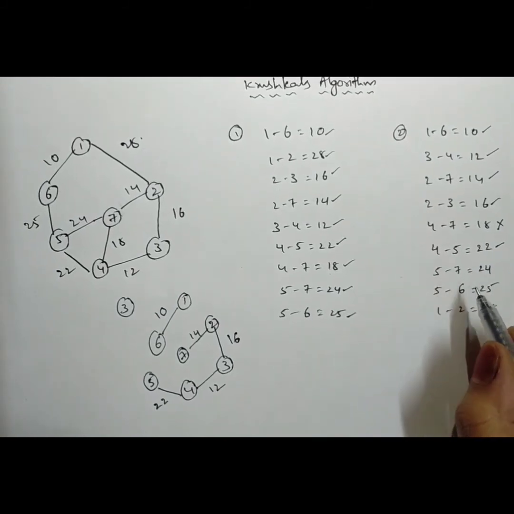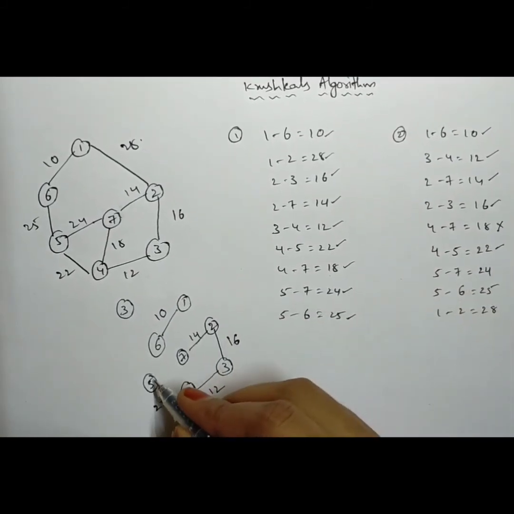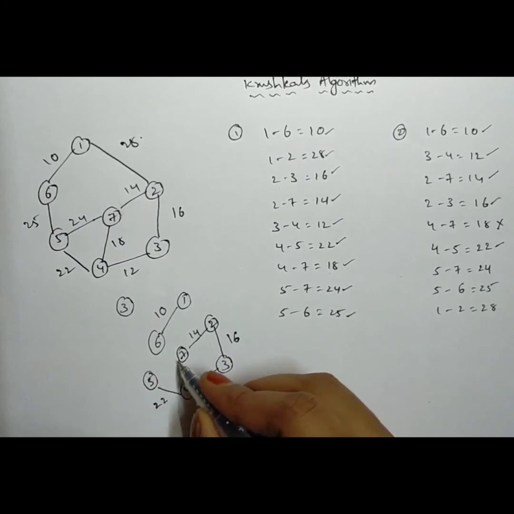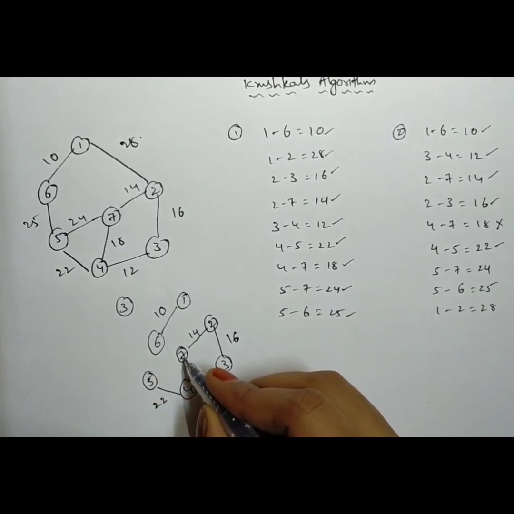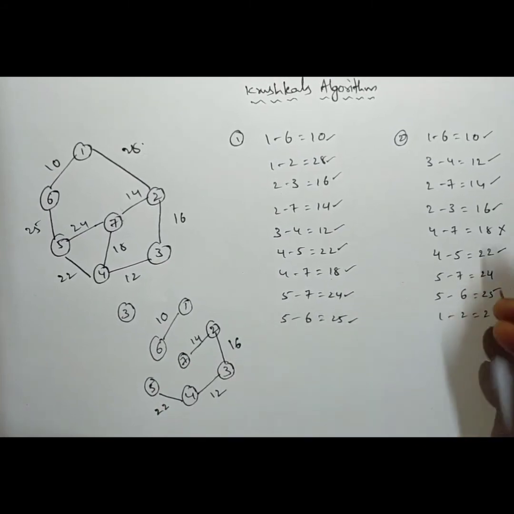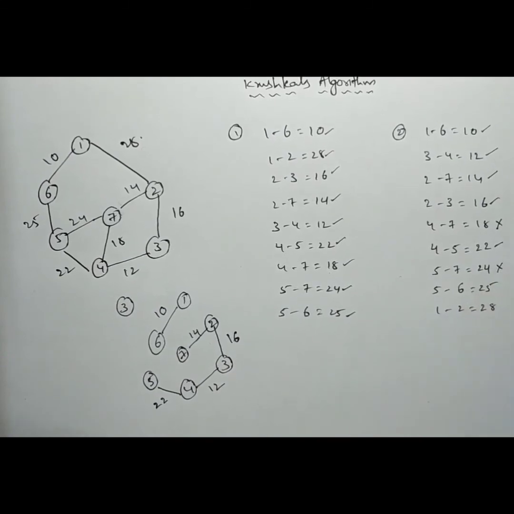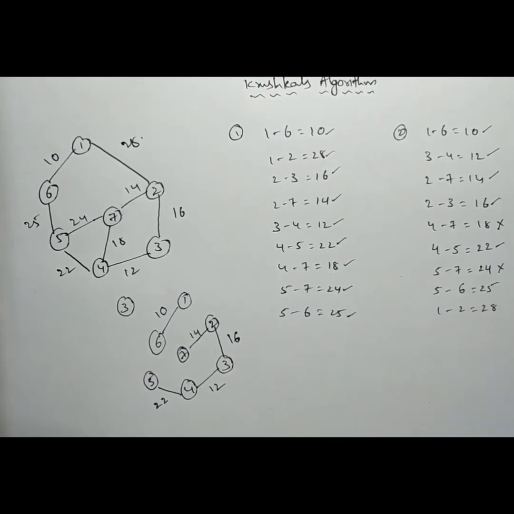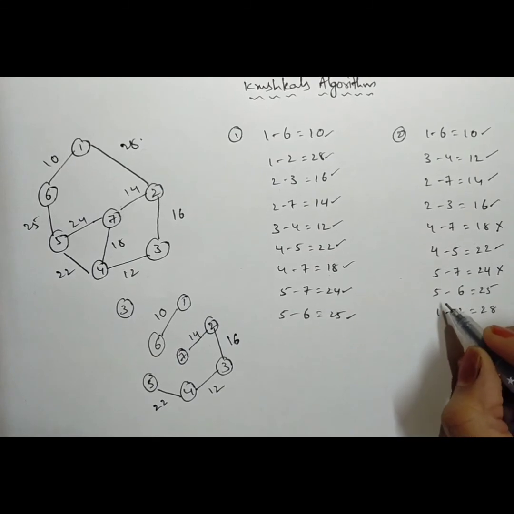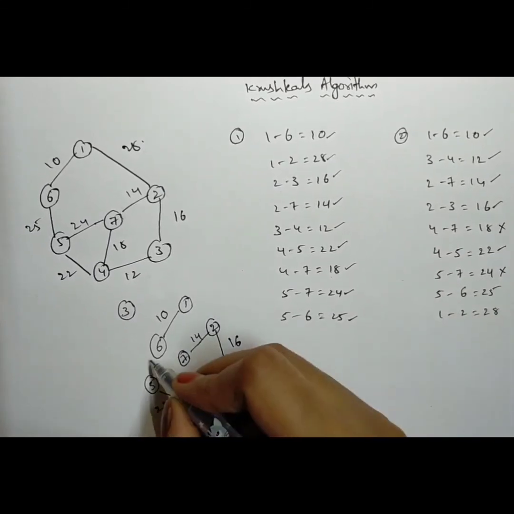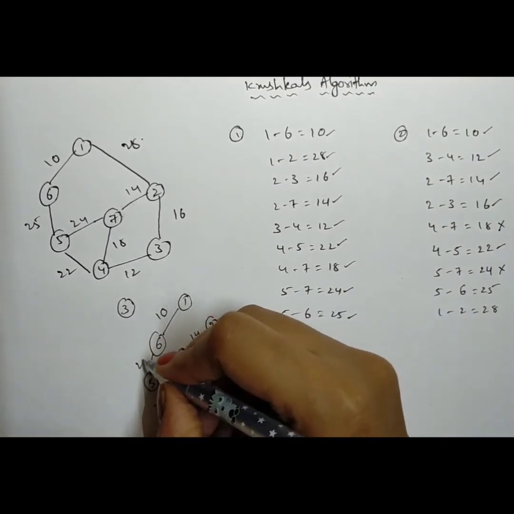Next edge is 5 to 7. See, if we consider the edge between 5 to 7, there is also a possibility of forming a cycle. So I am also discarding this edge to avoid the formation of cycles. Now consider the edge from 5 to 6, 25.